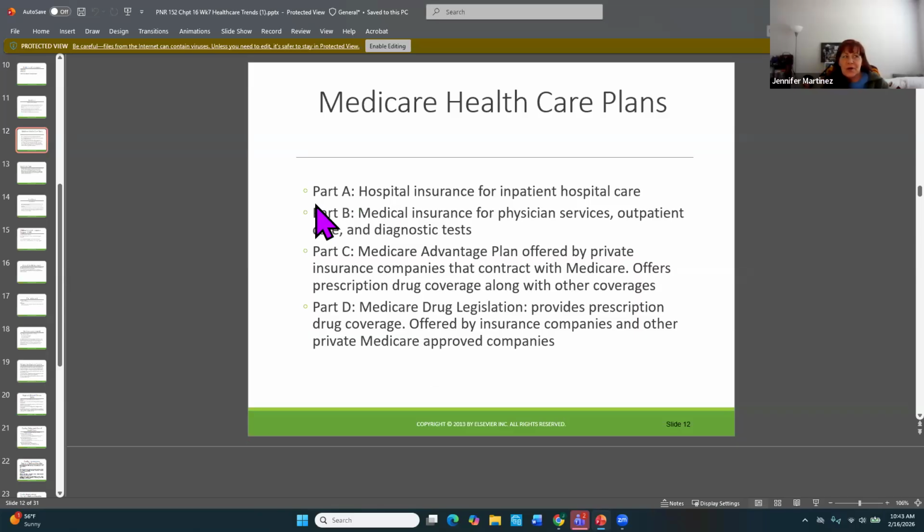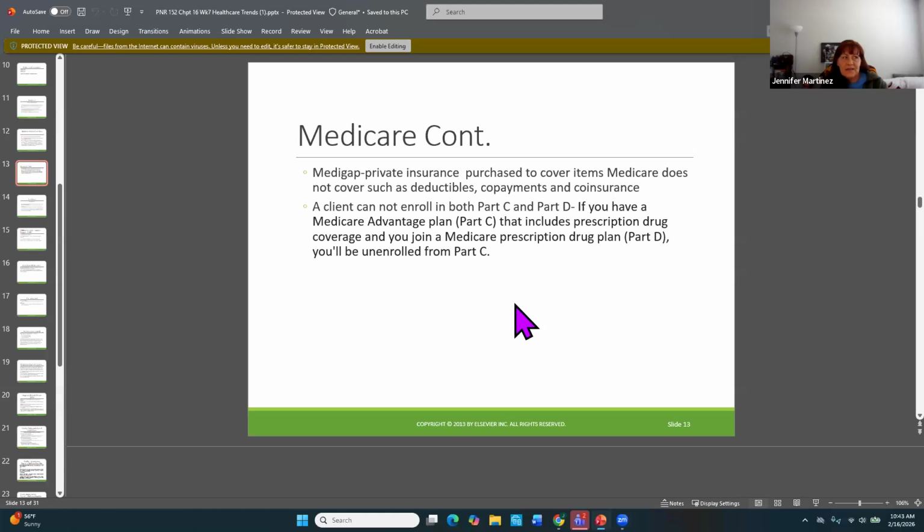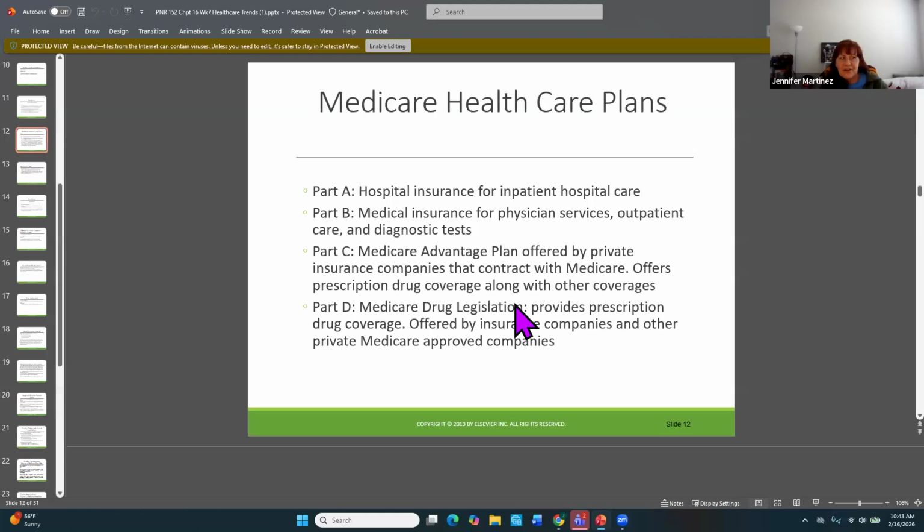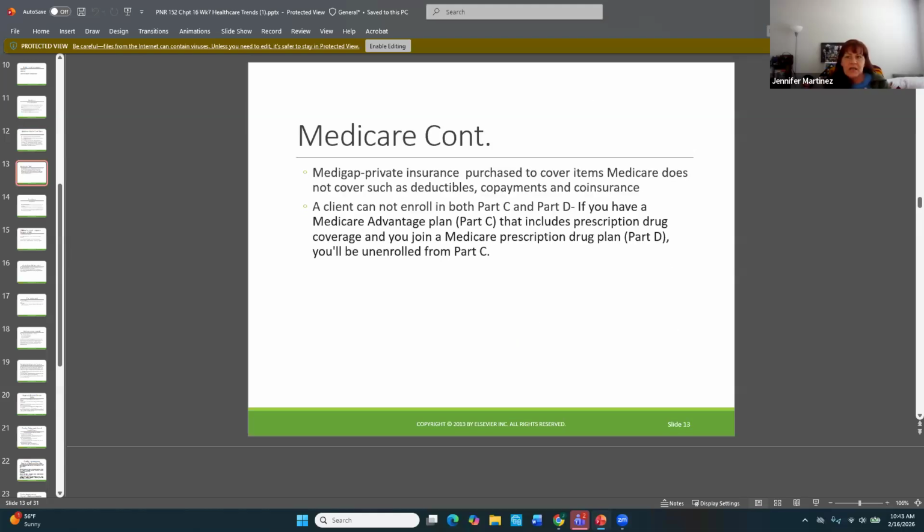So Part A, your traditional Medicare, is covered. All of the additional ones are additional out-of-pocket costs. All right, so you have to be really careful with some of these because they're going to be additional out-of-pocket costs.